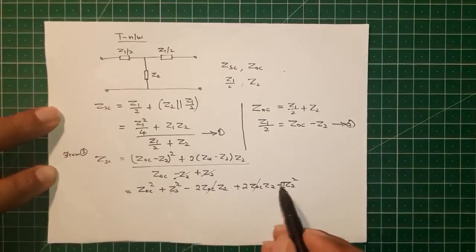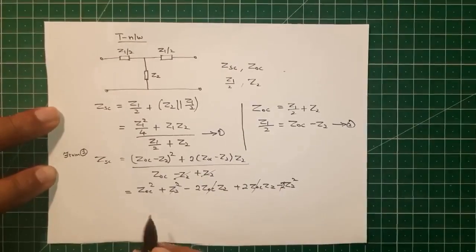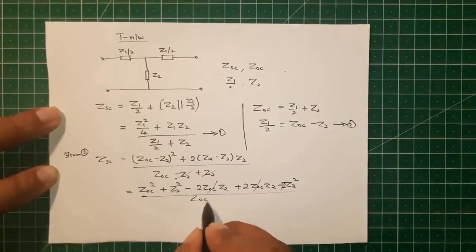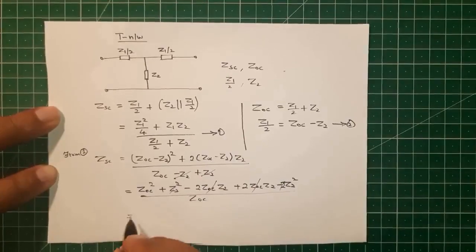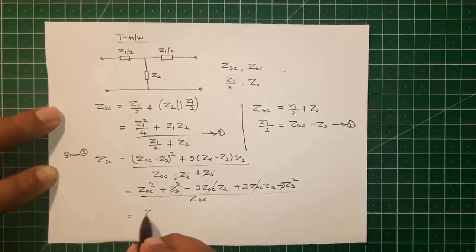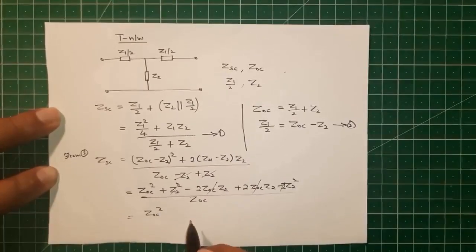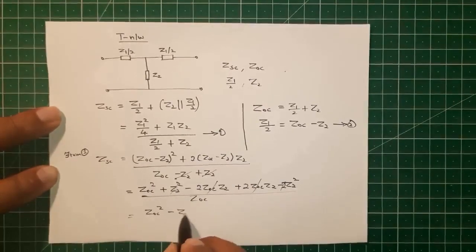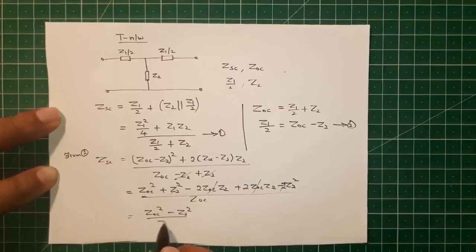This also will get cancelled, this 2. And in the denominator we have ZOC. So this will be ZOC square minus Z2 square divided by ZOC.